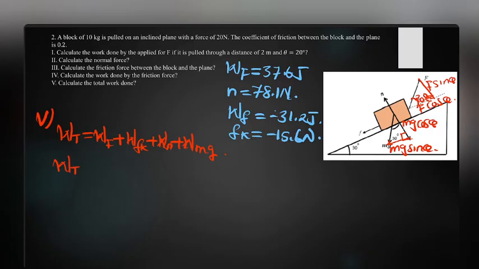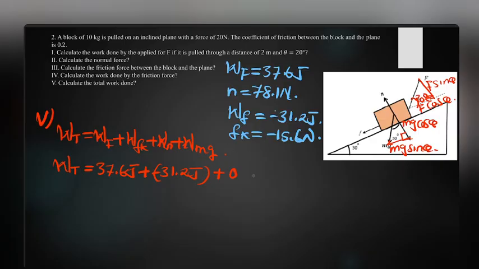So the total work done here becomes: the work done by the applied force is 37.6 joules, plus the work done by the friction force, which is negative 31.2 joules. Then plus the work done by the normal force. Since we know that there is no work being done along the y, the work done by all the forces along the y is 0.